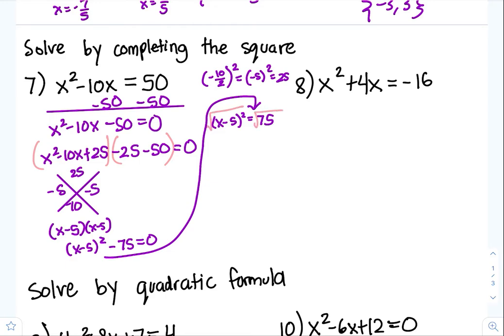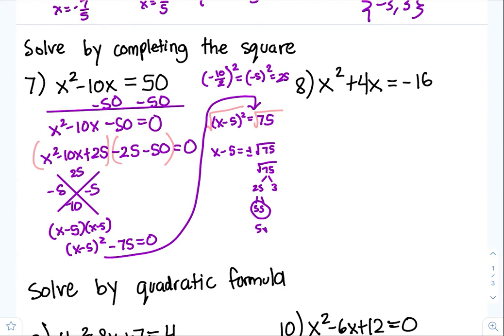Take the square root of both sides. So x minus 5 is equal to plus or minus the square root of 75. Now what you have to do is simplify the square root of 75. In order to simplify that, if you recall, 25, 3, 5, and 5, you find your pairs.